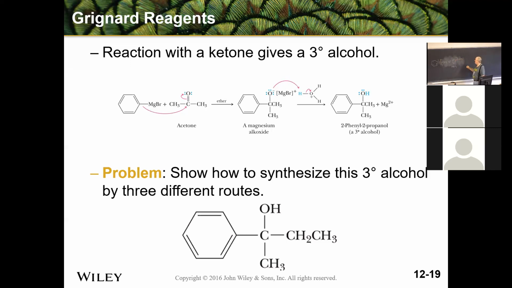And then we would make this a double bond, take away the H. So phenylethyl ketone would be your other starting material.